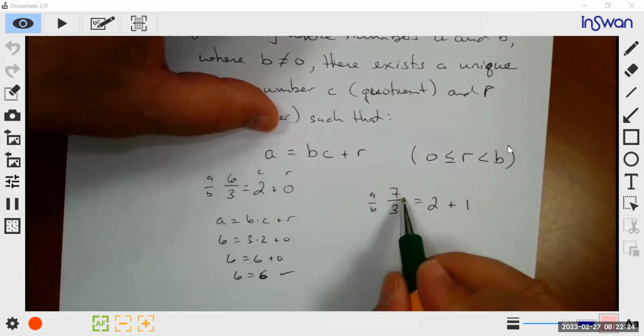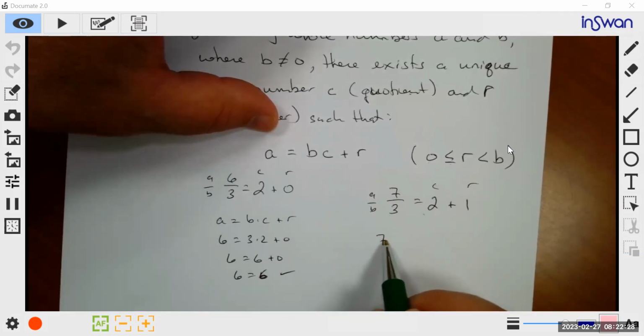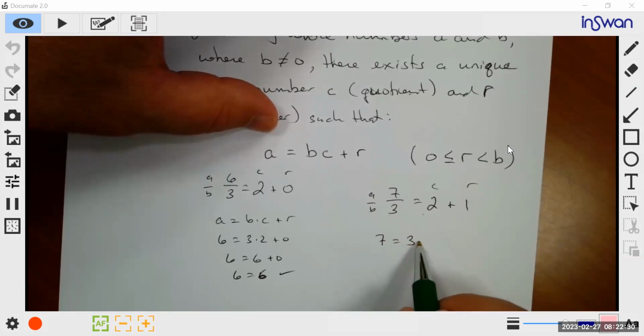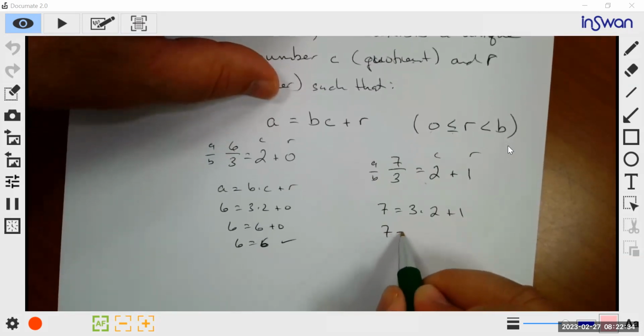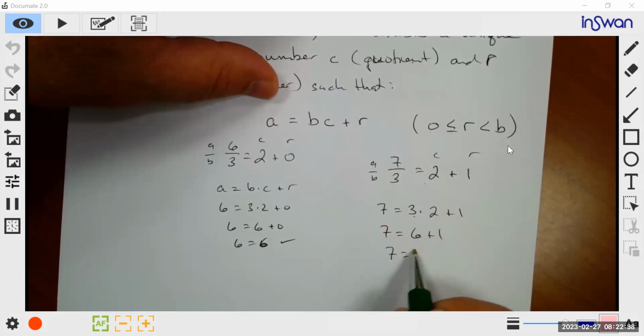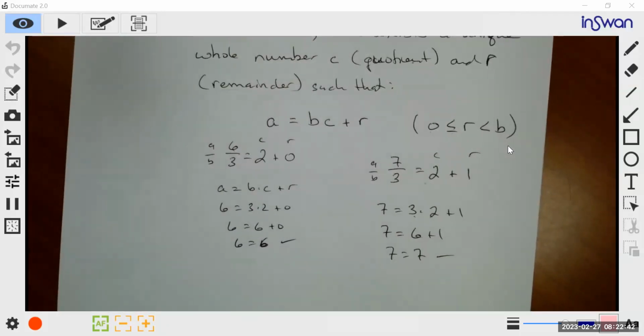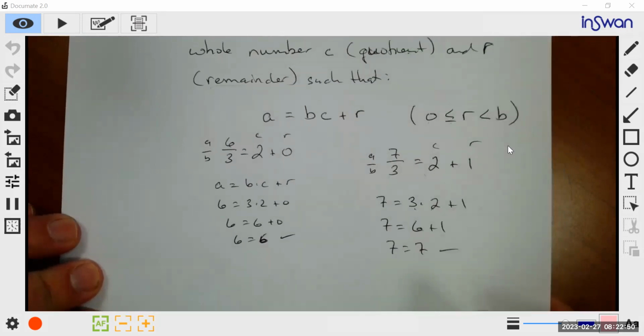So according to this, A, B, that's C, that's R. We have 7 equals 3 times 2 plus 1. 3 times 2 is 6. 6 plus 1 is 7. And it's true. So that's the division algorithm. That's what we're going to try to live by. There has to be a unique number C for it.